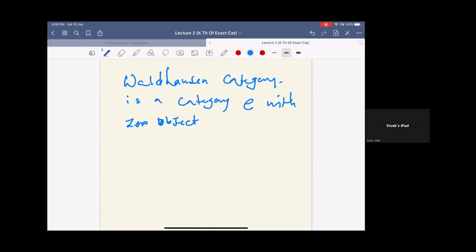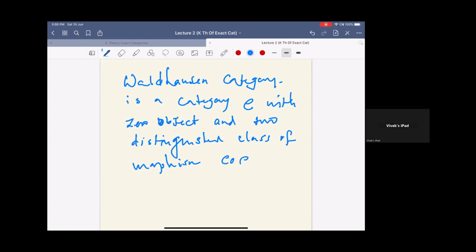And two distinguished classes of morphisms, coC and wC.